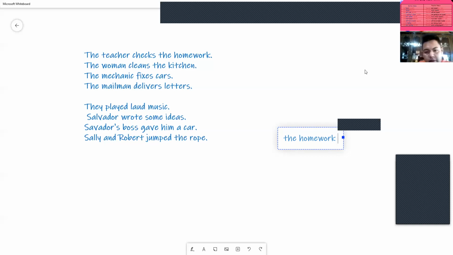No lo entendí. ¿Cuál es la forma correcta del verbo to be? Para tarea. En pasado, ¿no? Sí, pero del verbo to be.